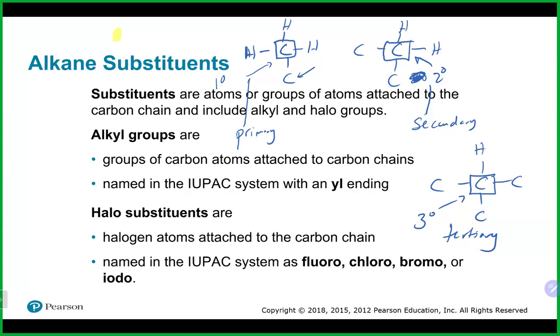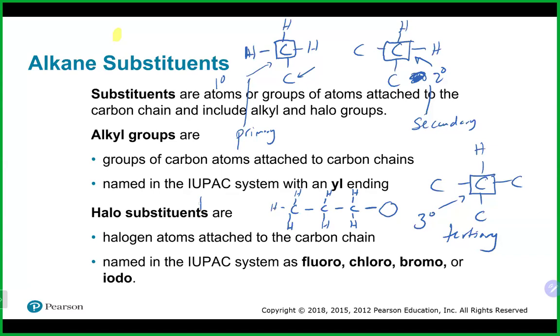For example, if we looked at propane here, which has 3 carbons. Now, if I have propane missing one hydrogen, where it's going to attach here at the end, it is now no longer propane, but it is a group, and this would be a propyl group.